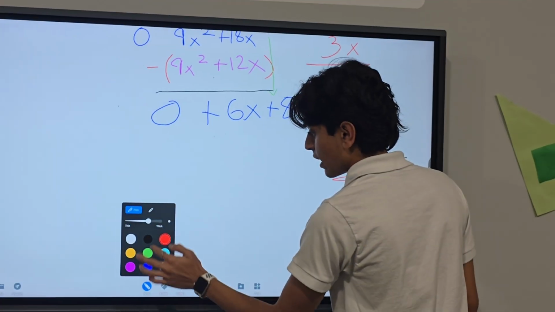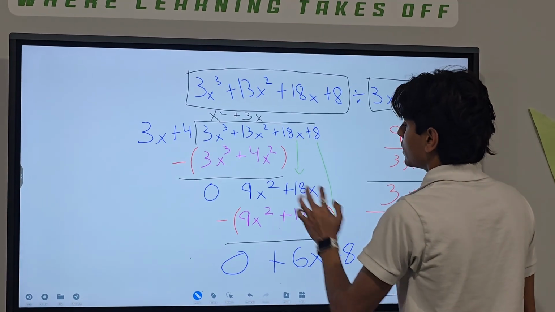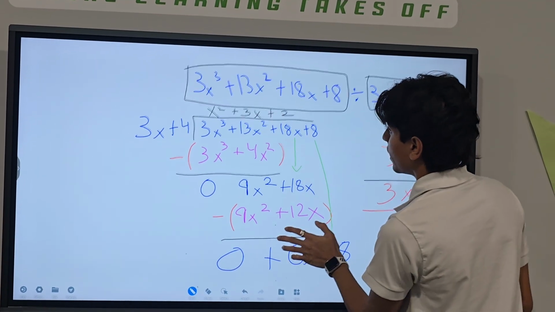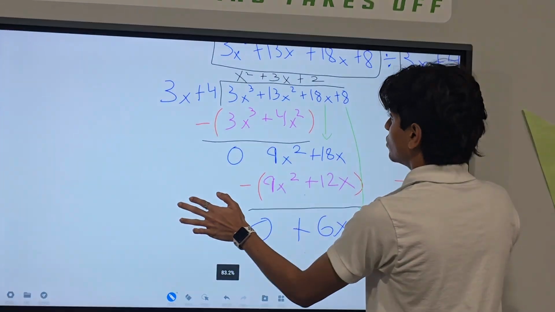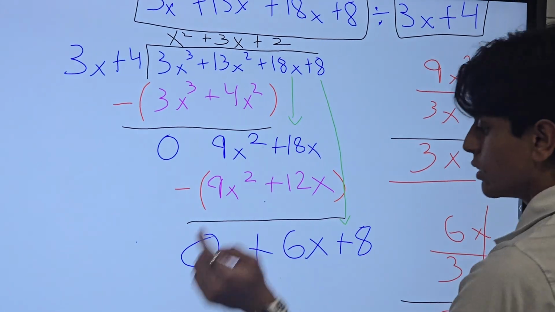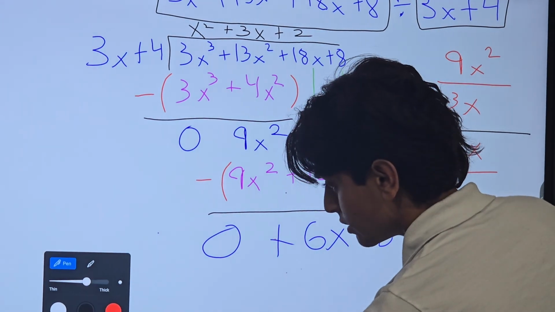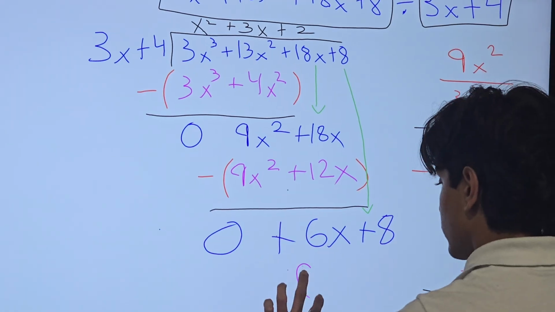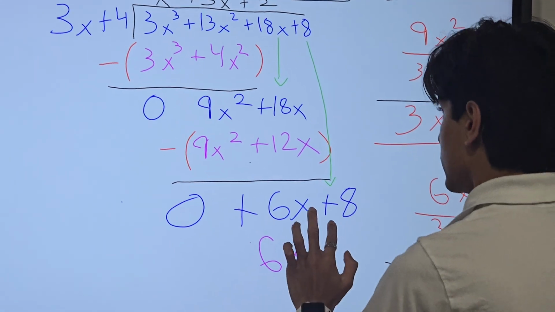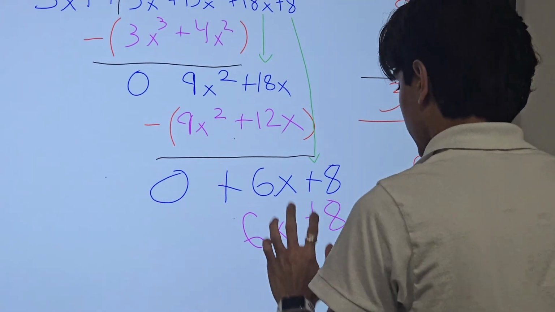So we can go back to our house and write plus 2 over here. And now we distribute this 2 to our divisor. 2 times 3x is equal to 6x. 2 times positive 4 is equal to positive 8.